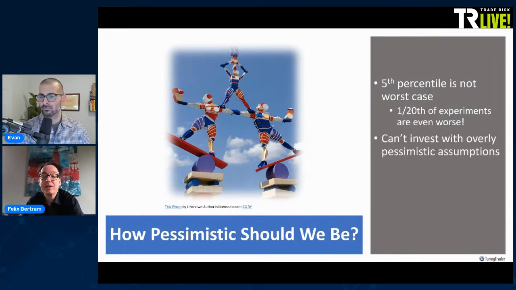And now the question is, should we go more pessimistic? Is 5% pessimistic enough? And what I found is that when you go even more pessimistic, then you basically can't invest. So in order to invest, you need to have somehow a positive attitude to things. And here's an example.